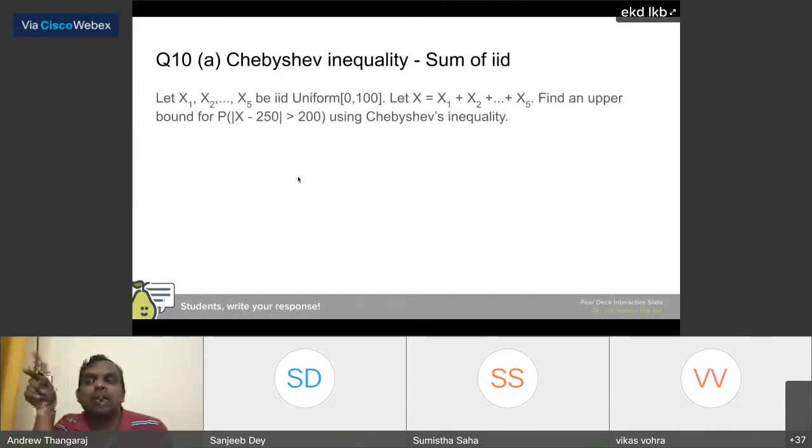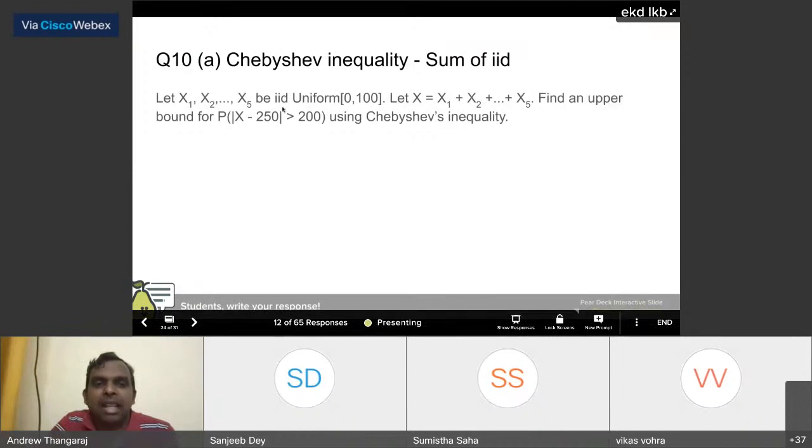You will get 1 by k squared. Maybe I wrote like that. Sometimes you can write t to be k times sigma and you will get just 1 by k squared. Or another way to write it is: probability of greater than t is less than or equal to variance of x divided by t squared. Next time when I apply it in the solutions, I'll show you. So let's see the responses.